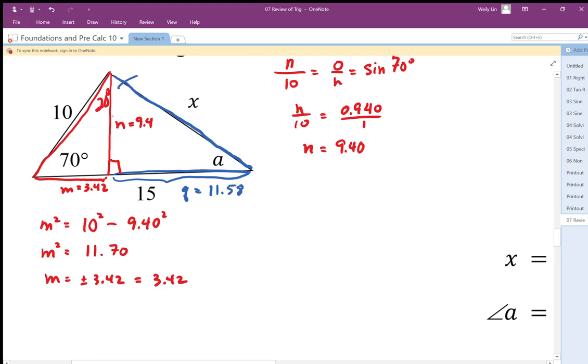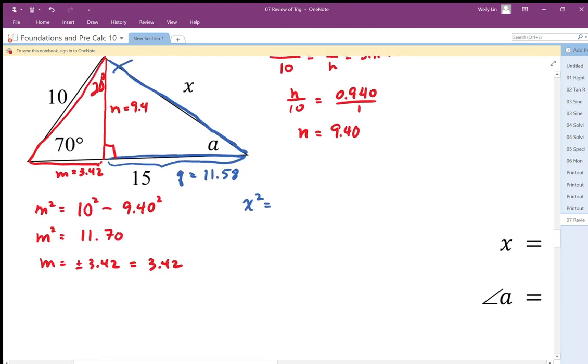Now I have two sides of this right triangle. That means I can calculate the hypotenuse using Pythagoras, and I also have enough sides to make a ratio. I'm going to calculate x first using Pythagoras. x squared is equal to 11.58 squared plus 9.40 squared for the other side.